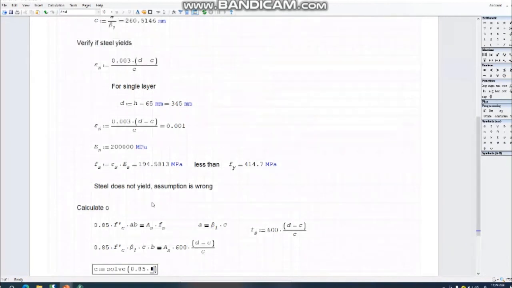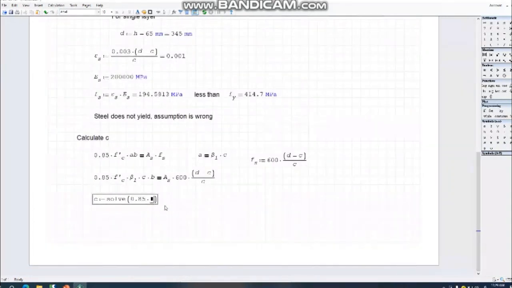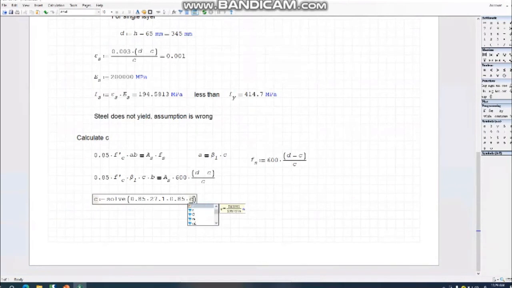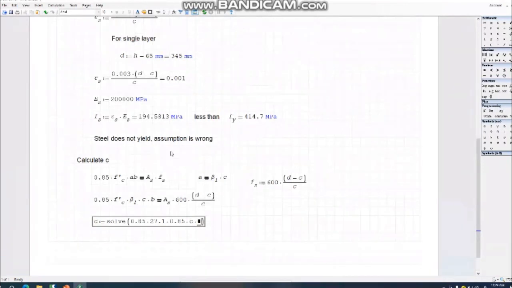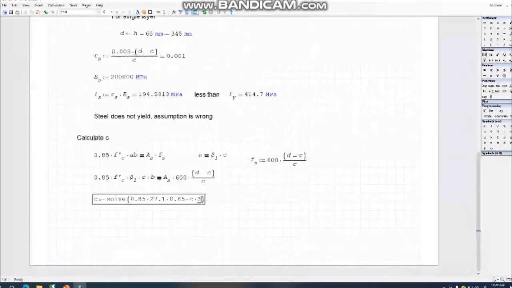So Fc prime, our Fc prime is 27.1, times 0.85, times C, times B, being 300 mm.